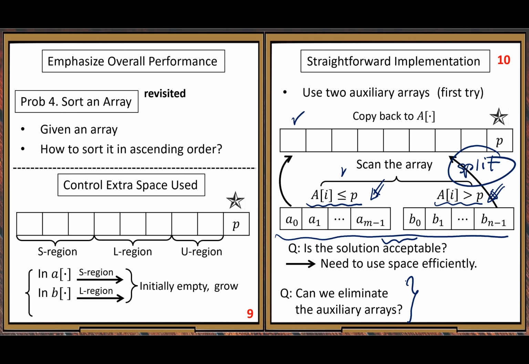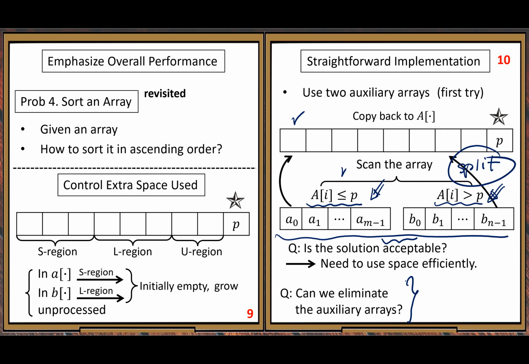Then we grow the S region or L region by comparisons. Every time we compare one element from the U region with the P value, we know where it should go, the S region or the L region.